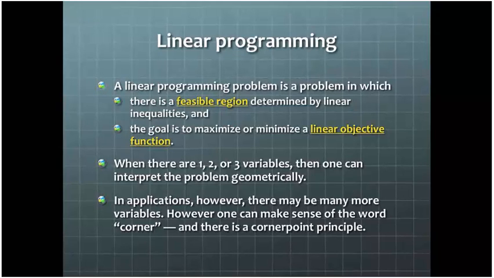And that means that in a sense, you need to be working in 12-dimensional space, which sounds perhaps very mysterious and abstract. However, as I've said already, you can make sense of this word corner, and it turns out that there is a corner point principle. So that in fact, you can interpret what you're doing in terms of geometric words and phrases, even though you can't make a picture.